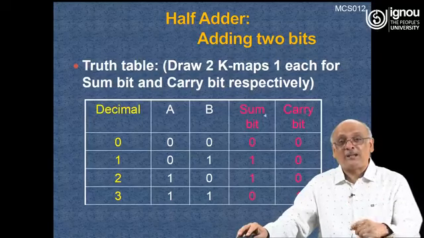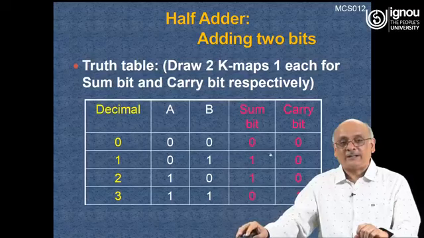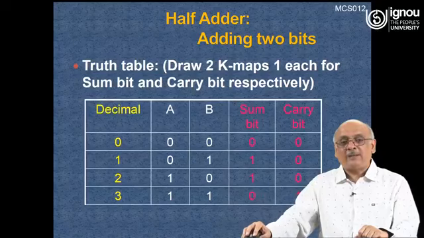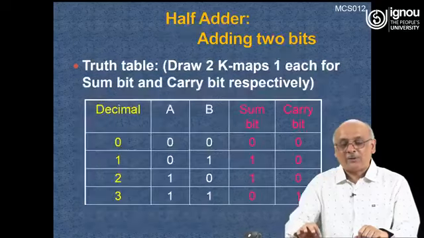Let's not refer to that for the time being, and go to the half adder once again. What does the half adder do? We get a carry bit and a sum bit. The carry bit is a simple AND gate, so this is how your circuit will look.